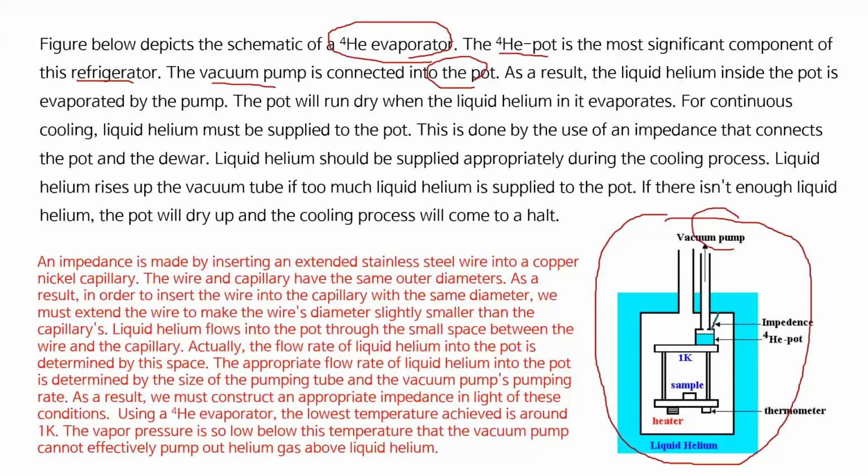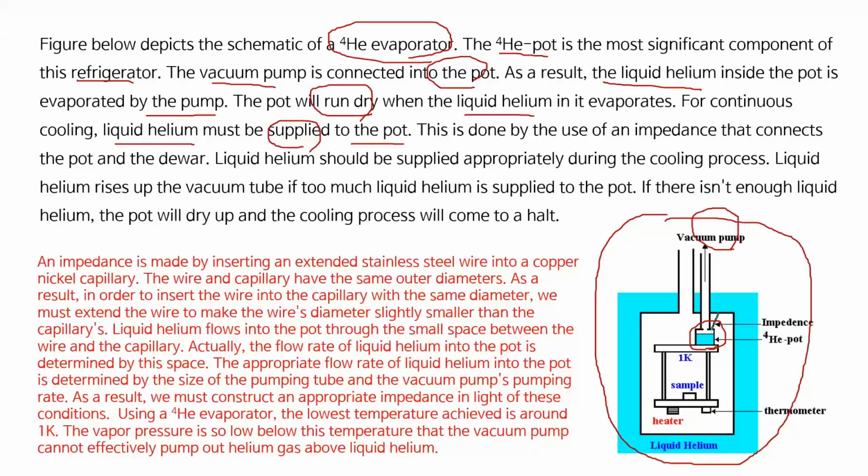So the vacuum pump is connected to this helium-4 pot. As a result, the liquid helium inside the pot is evaporated by the pump. The pot will run dry when the liquid helium in it evaporates. For continuous cooling, liquid helium must be supplied to the pot.